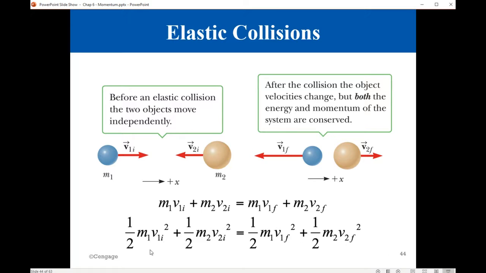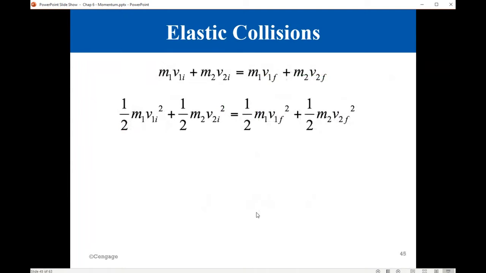So we have a second equation: half m1 v1 initial squared plus half m2 v2 initial squared equals half m1 v1 final squared plus half m2 v2 final squared. So we have two equations rather than one, which means we can use them to solve for two unknowns. As you know from algebra, the number of unknowns is equal to the number of simultaneous equations.